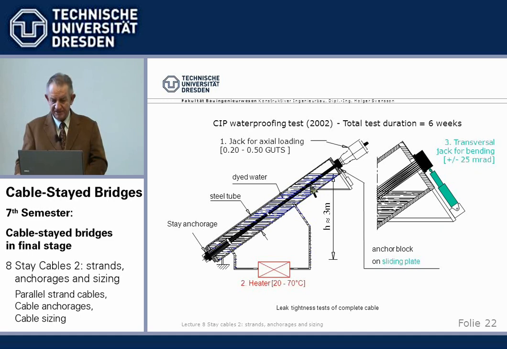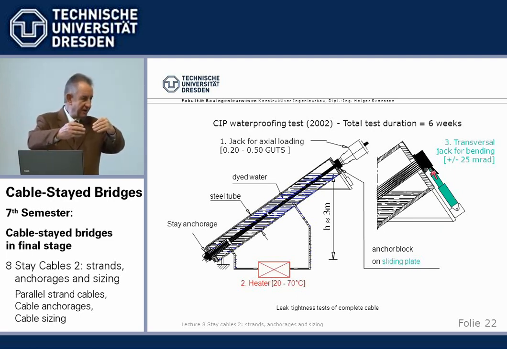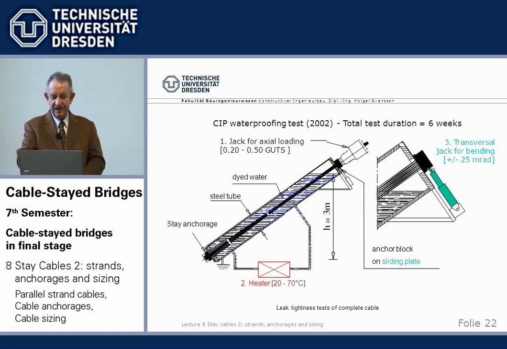There you test a fully assembled cable, with heated water, and you have a transverse check to have the anchor head a little bit bent, meaning what happens to it from wind transversely or things like that. And then again, it gets different stresses between 0.5 and 0.2 GUTS and all sorts of things. And again, it must not leak.